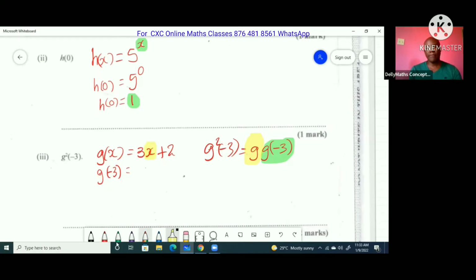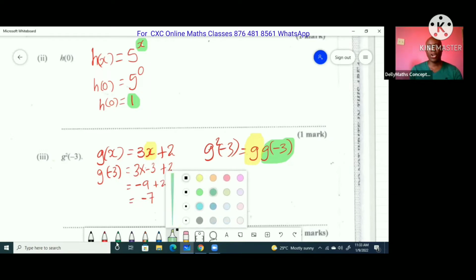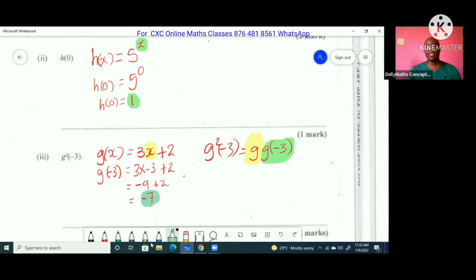So I have 3 times -3, and then I'm going to be adding 2. What we're looking at is -9 plus 2, and this lands us -7. So right now, g of -3 is -7.